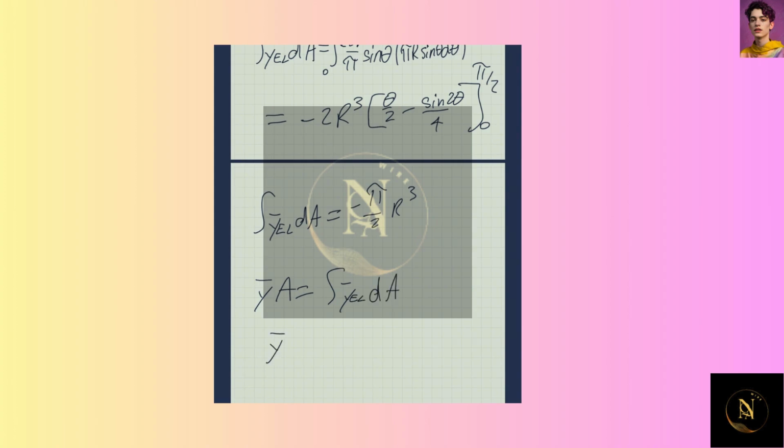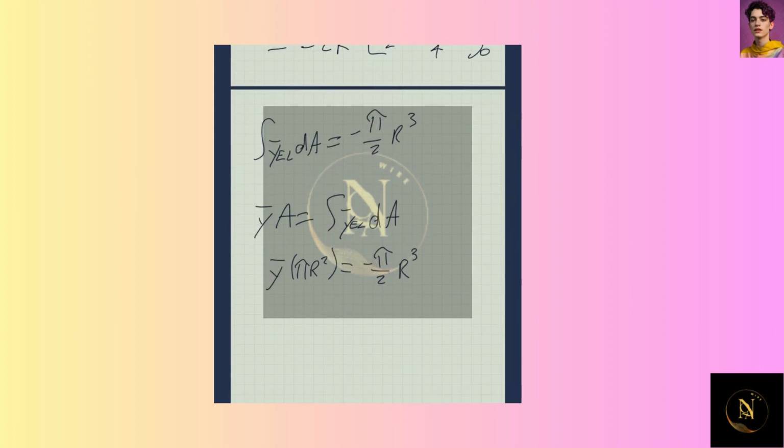And now we know everything we need to solve for the centroid using our equation. So we have the area we solved for, and then we can plug in the integral of the centroid of the differential element we just found.